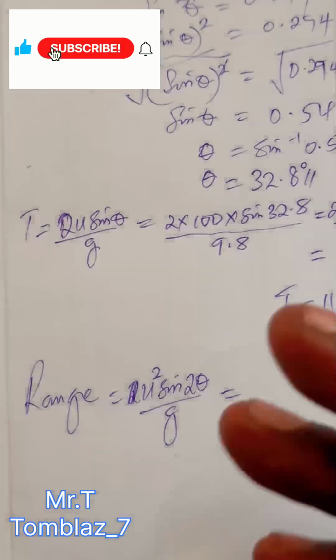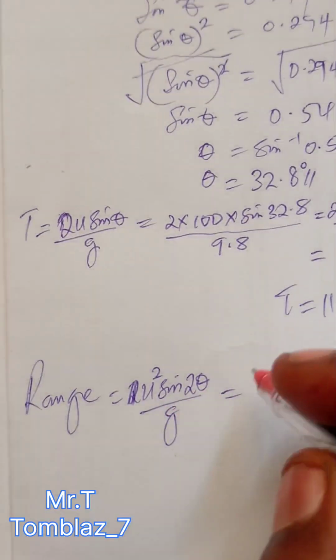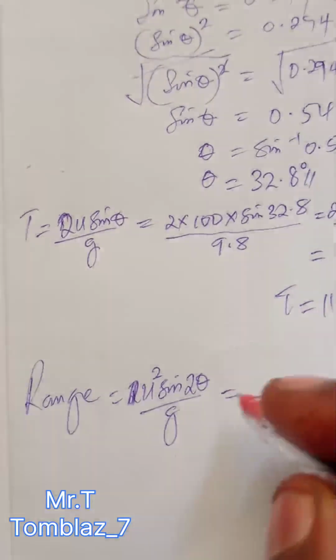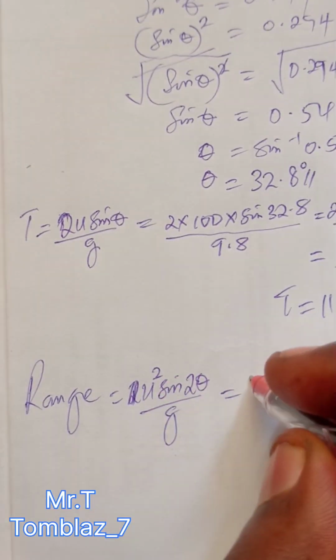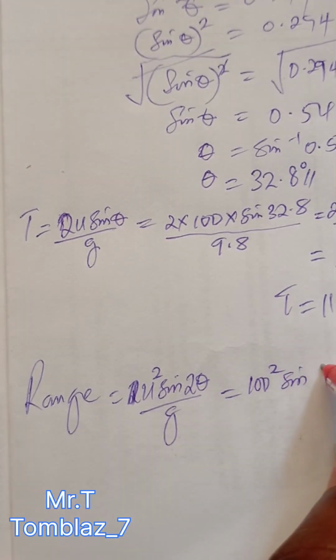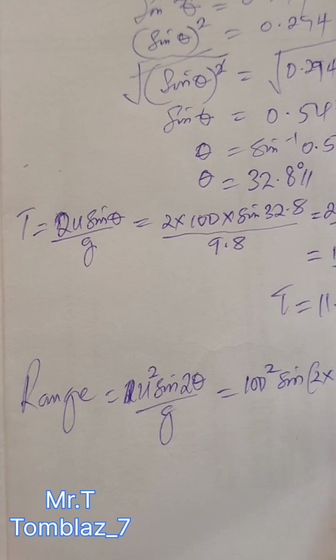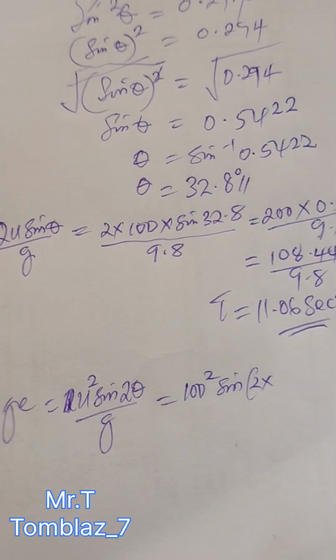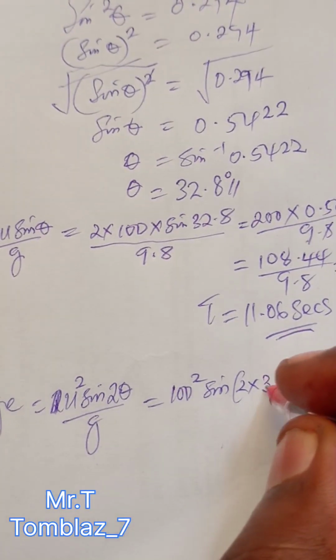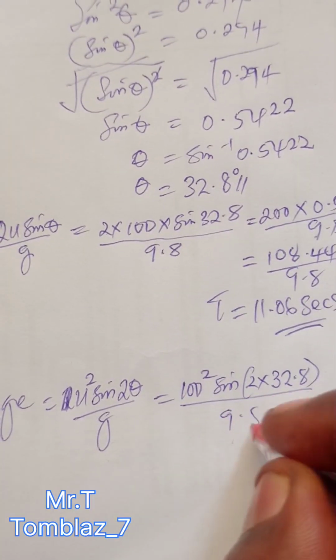What is left is the range. The formula is u squared sine 2 theta all over g. Substituting our values, we have 100 squared times sine of 2 times 32.8, divided by 9.8.